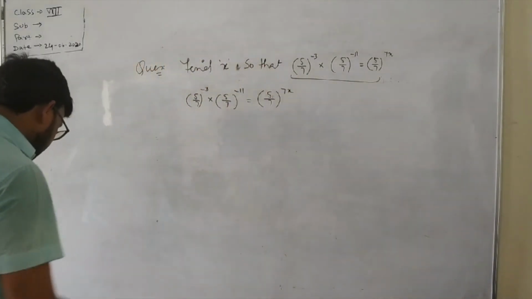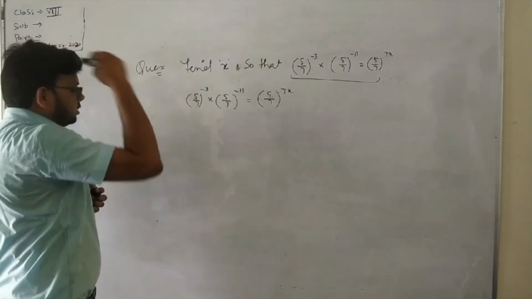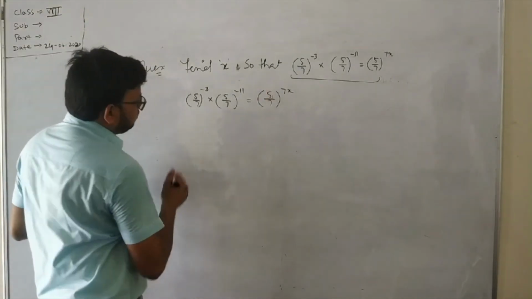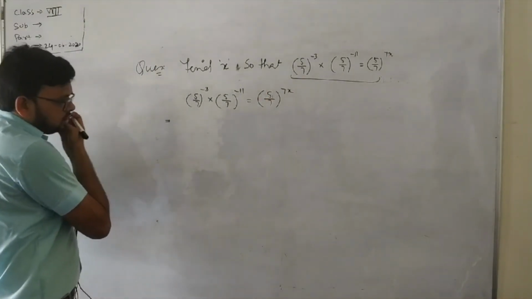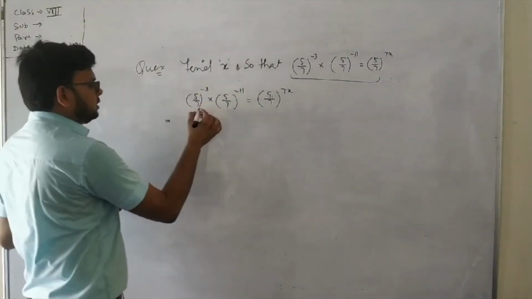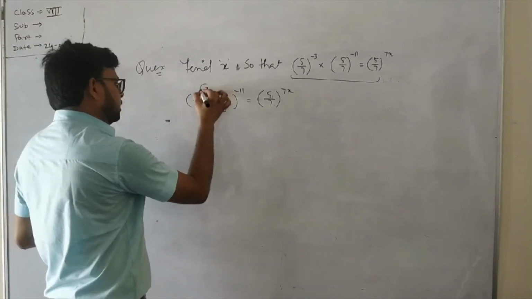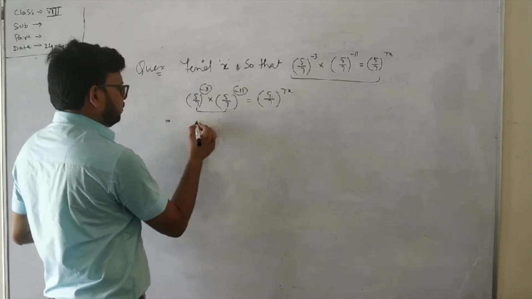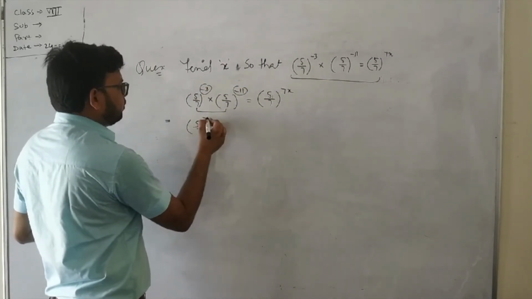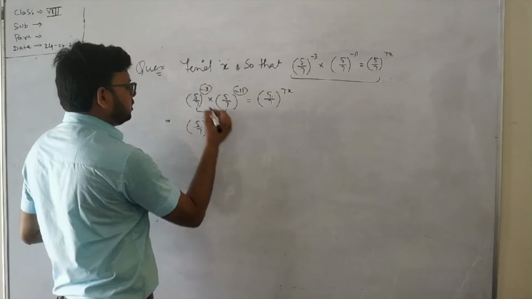Okay. Now, in this equation, what we are observing, bases are same and multiplication sign present between them. So we can add the power. 5 by 7 to the power minus 3 plus minus 11. Okay.